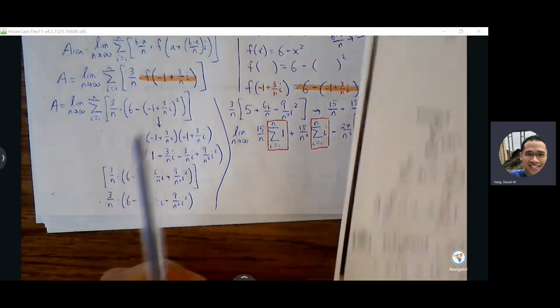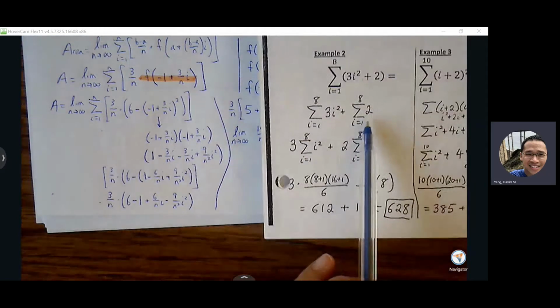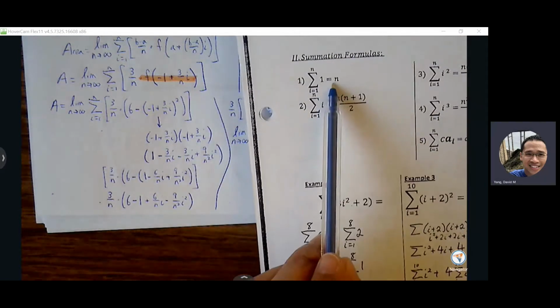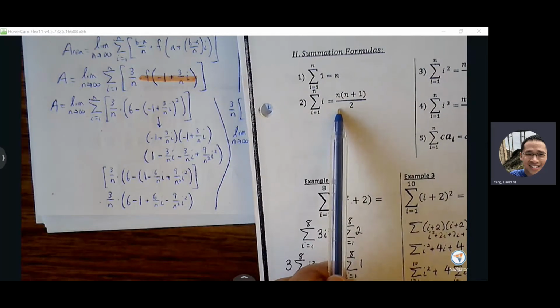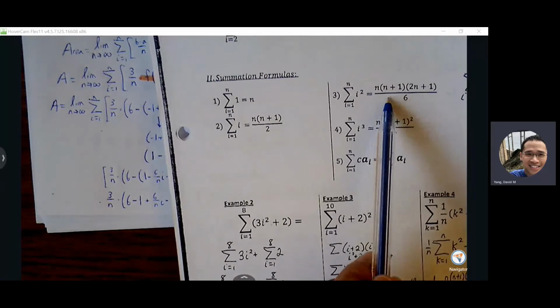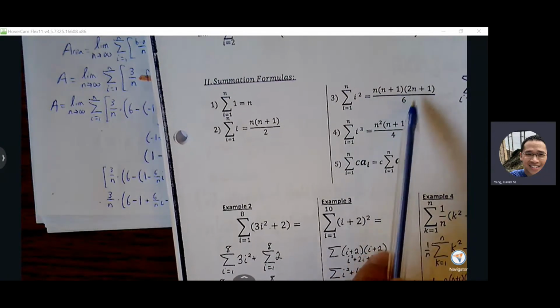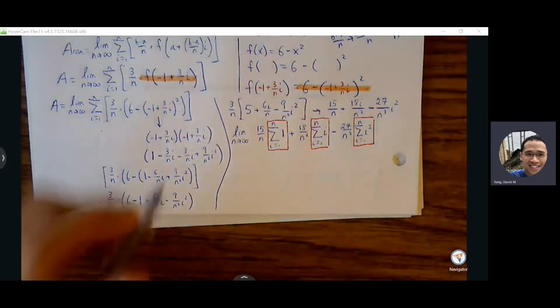And now we're going to use the summation formulas that we're going to locate. Summation of 1 becomes n. Summation of i becomes n times n plus 1 over 2. And then summation of i squared becomes n times n plus 1 times 2n plus 1 over 6.